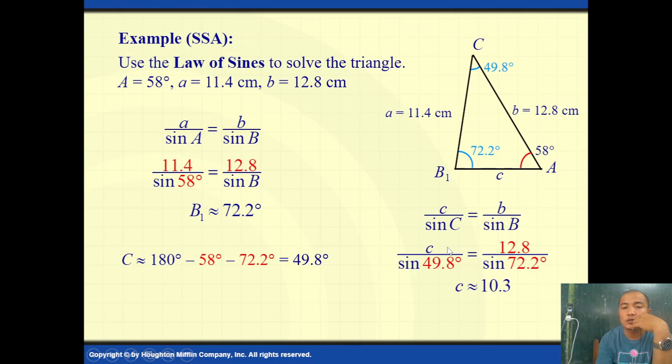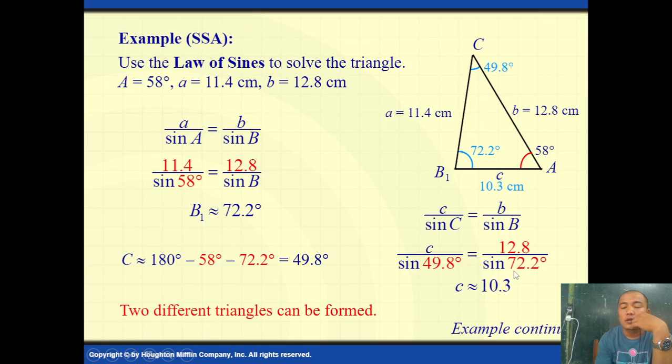So substitution, C over sine 49.8 degrees. Yun, sine angle C. Side B is 12.8, sine 72.2 degrees.